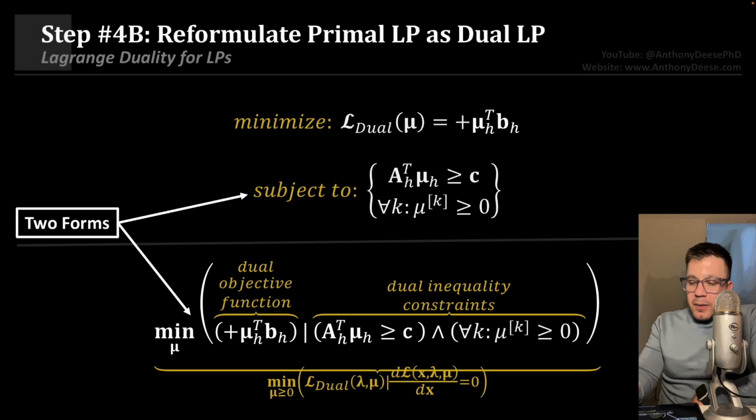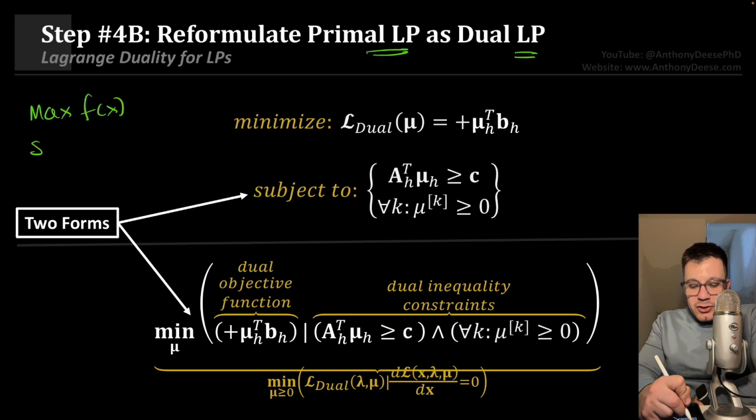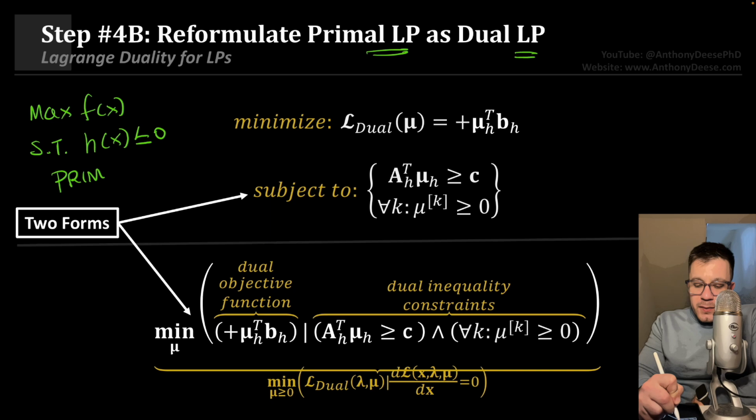If we reformulate our primal linear programming problem as a dual linear programming problem, we end up with what's shown here. Previously, our goal was to maximize our objective function subject to a constraint h of x less than or equal to 0. This is our primal form of the problem, and our objective there was to solve for the optimal primal decision variable.